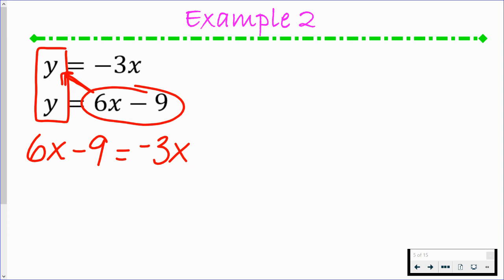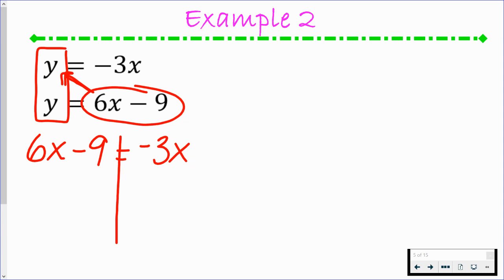Again, if they're both y equals, we set them equal. Now in this situation, you're going to end up having variables on both sides. So we need to get one of the variables onto the other side.